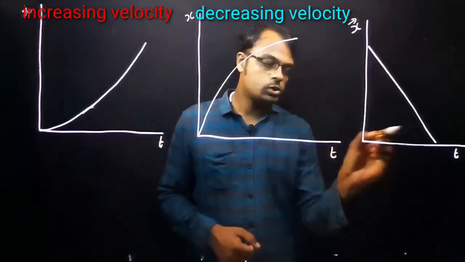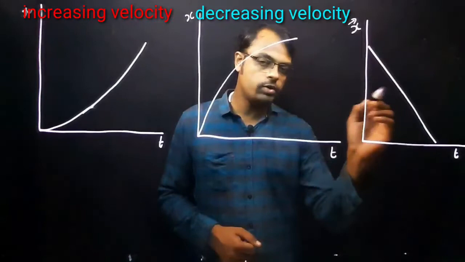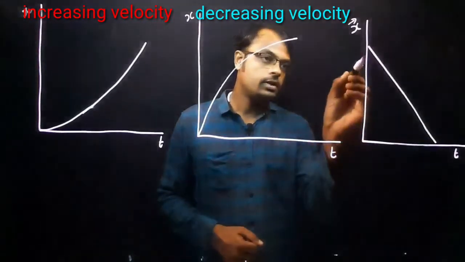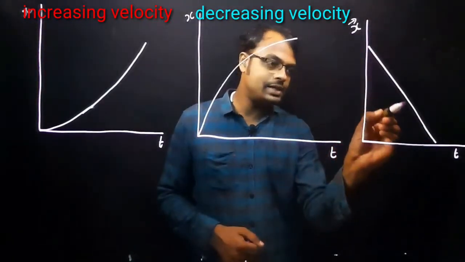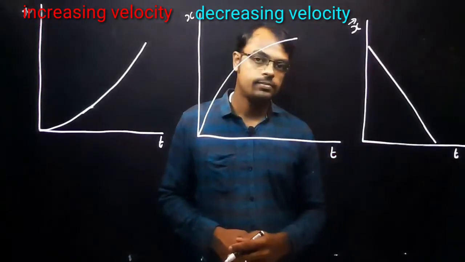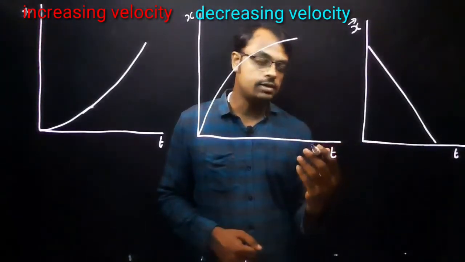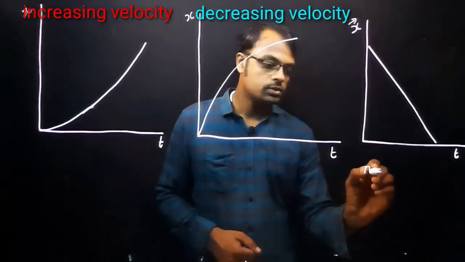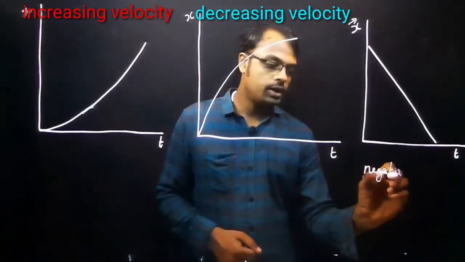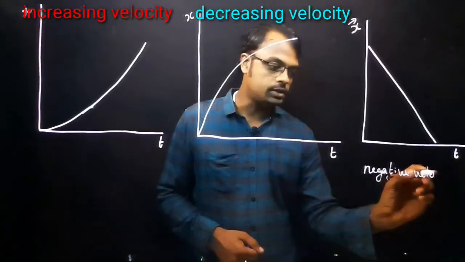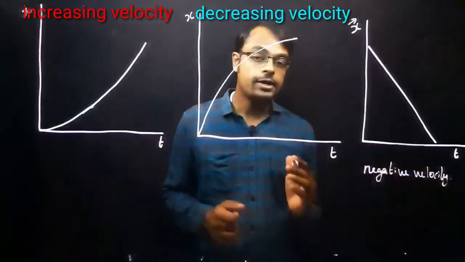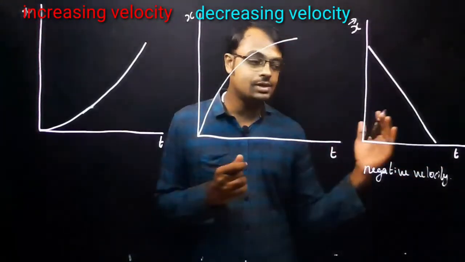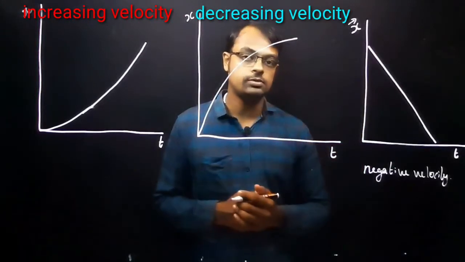That means the slope will definitely be a constant. But here you can see the displacement is decreasing with respect to time. That means this shows an example of negative velocity. The displacement is decreasing, which means the object is returning to its original position.